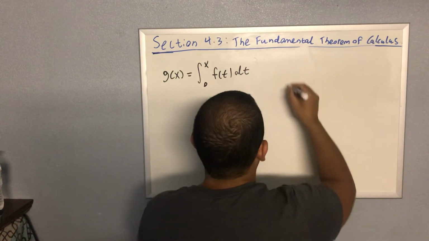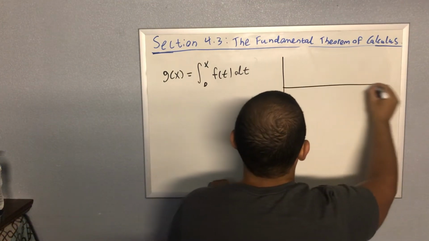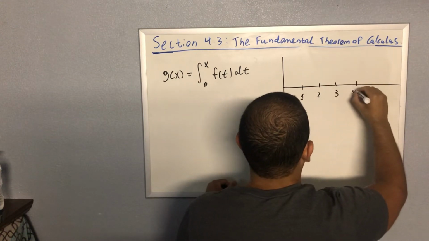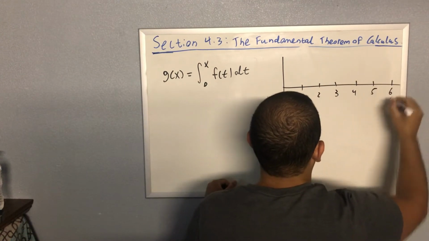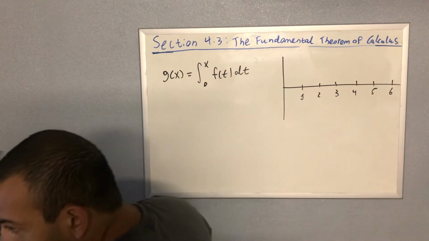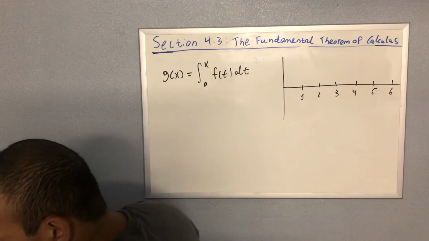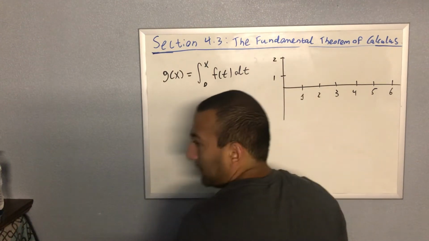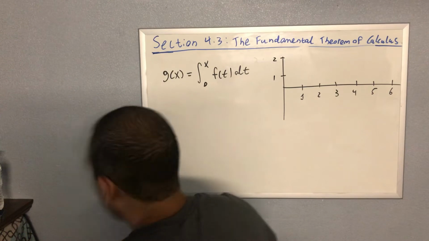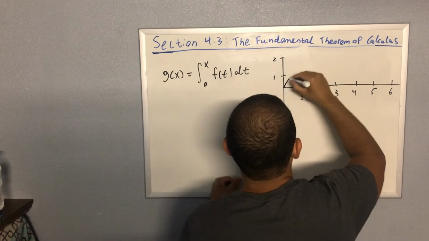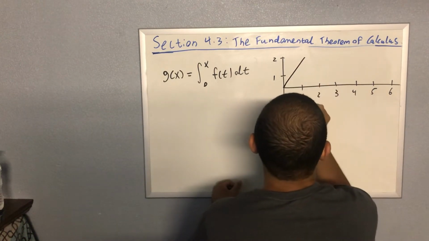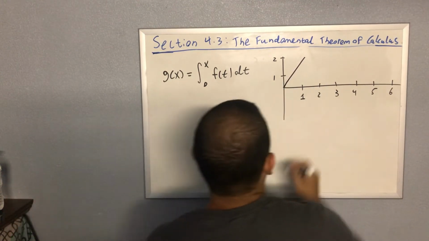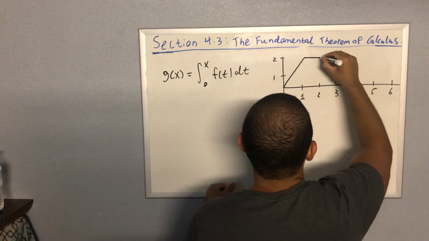So yeah, we're going from 0, so let's say this is 1, 2, 3, 5, and then 6, okay? And then 2. So between 0 and 1, it's a straight line. And then it flattens out between 1 and 2.